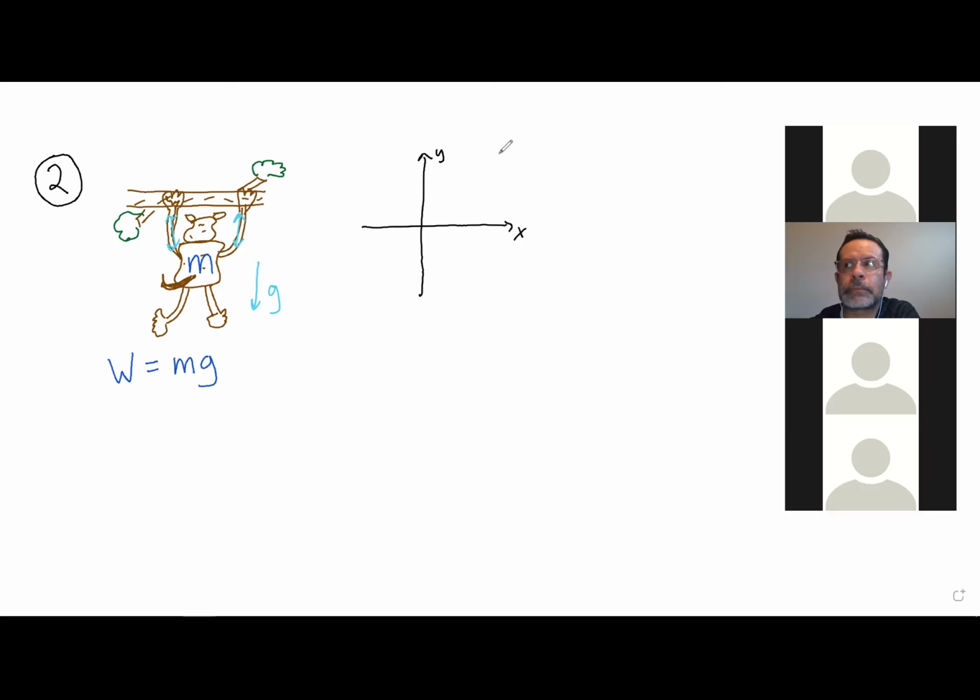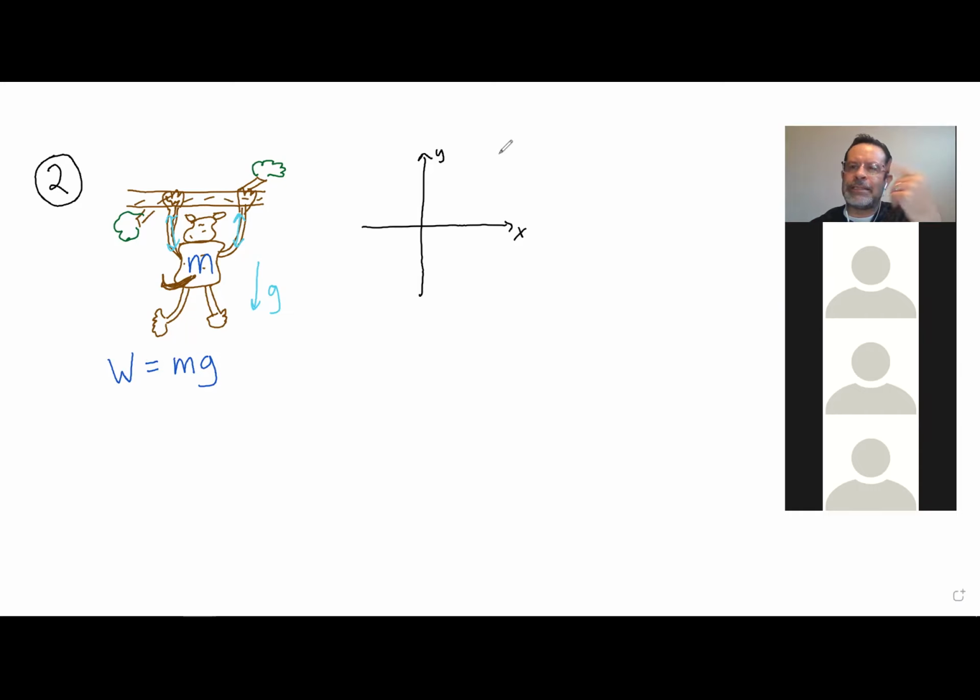Professor, in this type of problem, do we have a normal force? Oh, that's a good question, Enya. In this type of problem, for this particular situation, no. And that was a question I'm going to ask you, because we're going to be seeing 2 situations. Right now, in this situation, there isn't an opposition that's making the monkey stay where it is.